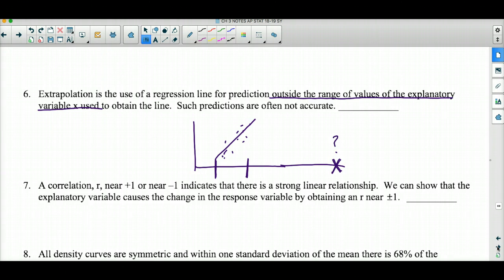Okay, I could make a prediction, but would I say my prediction is going to be reliable? Right, so such predictions are often not accurate. That is true. It is often not accurate to make a prediction that's far outside of our data.